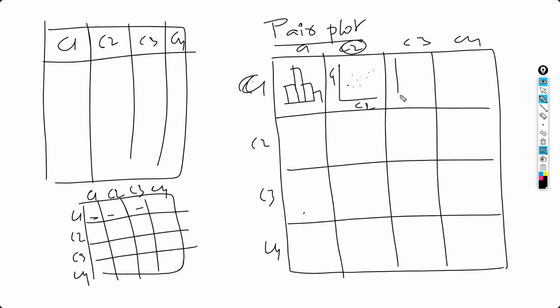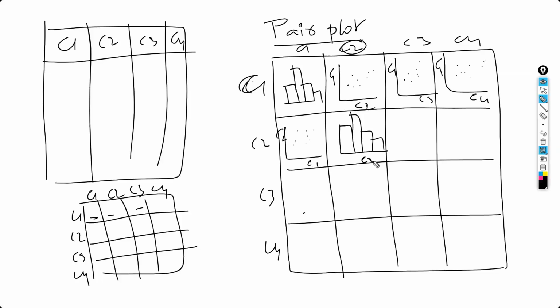Now tell me guys, what are you going to get here? Either scatter plot or histogram, only two options. Scatter plot, with C3 on the x-axis and C1 on the y-axis. And with C4 on the x-axis and C1 on the y-axis, again scatter plot. Next, C2 against C2: histogram of which variable?